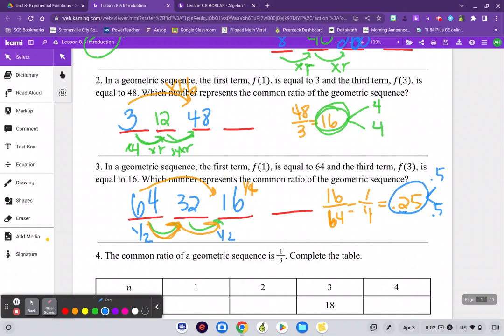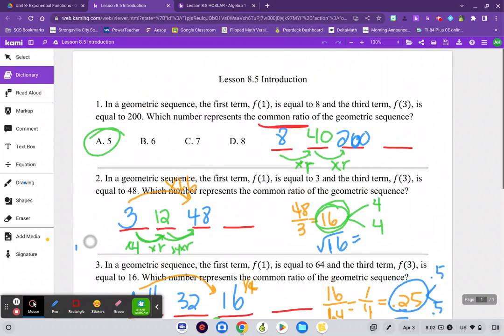It turns out that what we're dealing with here are perfect squares. Up here at the top, the square root of 16 is 4. And the square root of 0.25 is 0.5. If I come back up here and try this, similar story, what would it take to get from 8 to 200?